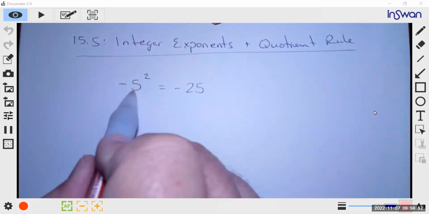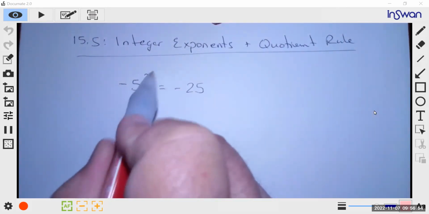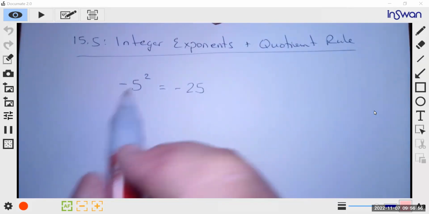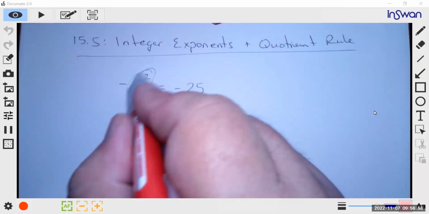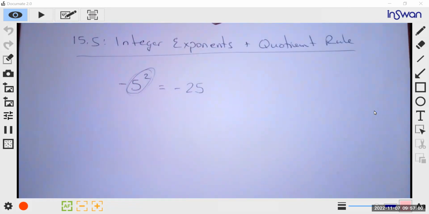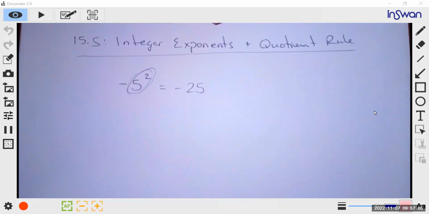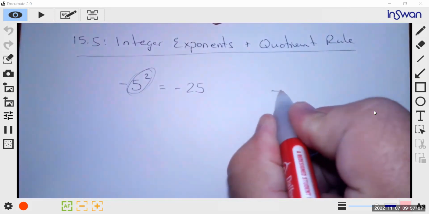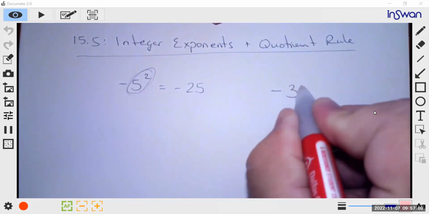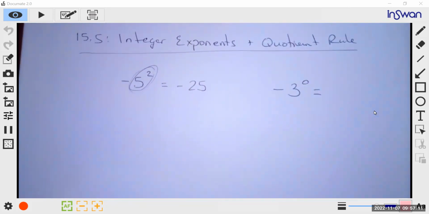Is that negative part of that exponent? No. The exponent is only touching that 5. So that negative stays out there. How about this number?